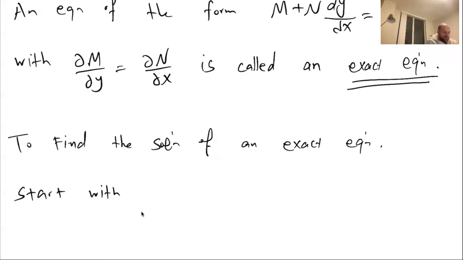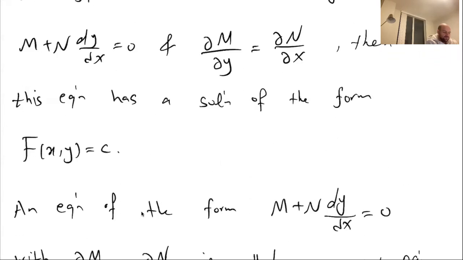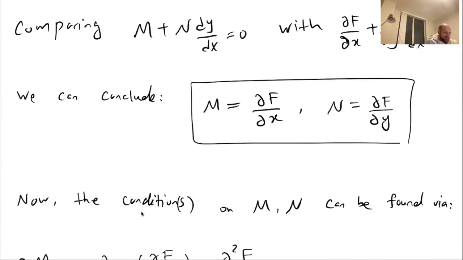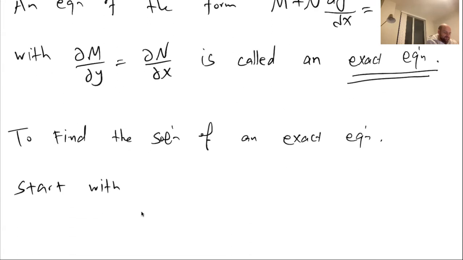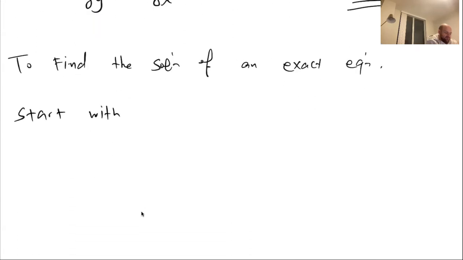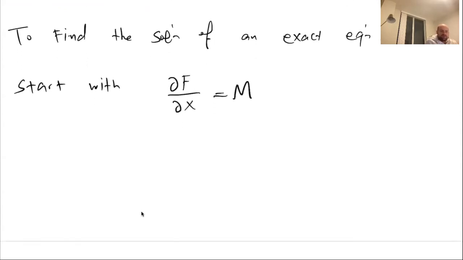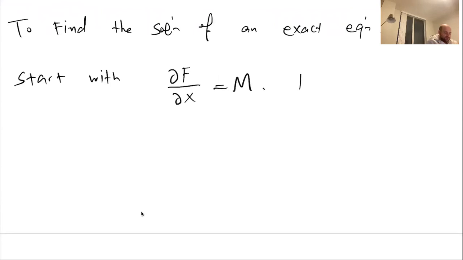Remember we had this equation before, that capital M is equal to the partial derivative of f with respect to x. So we can start with df to dx equals M. Then we can integrate both sides.